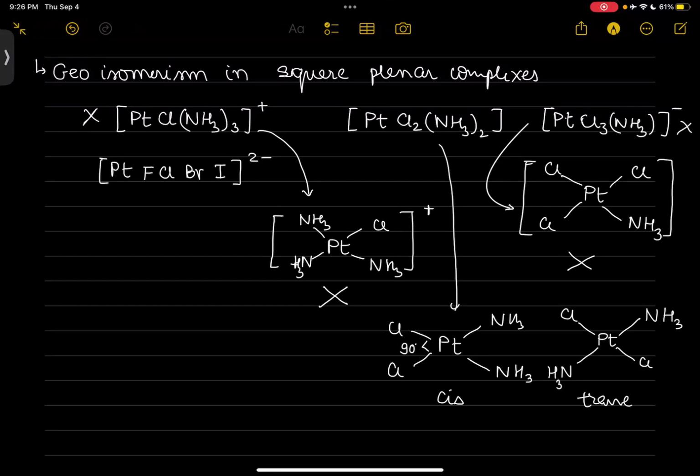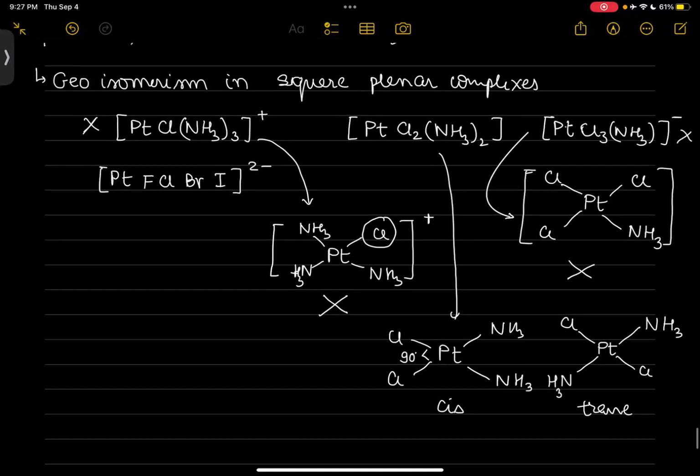So with at least two ligands of one kind and two of another kind, it can exhibit geometrical isomerism. But this has just one different ligand, and the rest three are all the same. So whom do you compare to be on the same side or on the opposite side? You need at least two ligands.